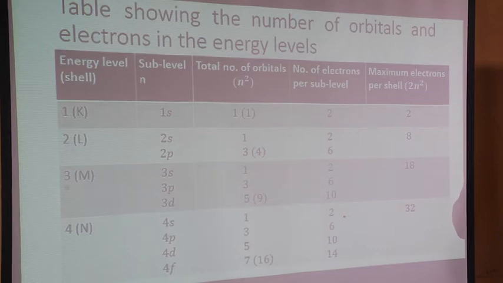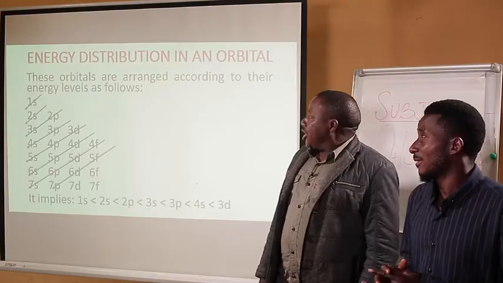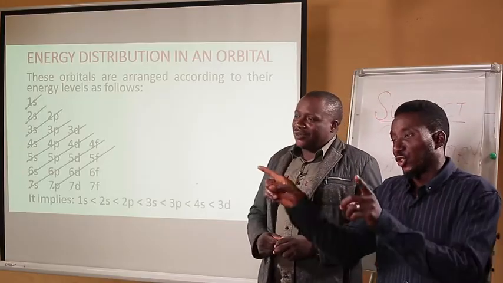What is the maximum number of electrons that a room can carry? For the 4s we have 2, for the 4p we have 6, for the 4d we have 10, and f is 14, just like I've mentioned earlier. And the total maximum number of electrons that you can have there is what? 32.